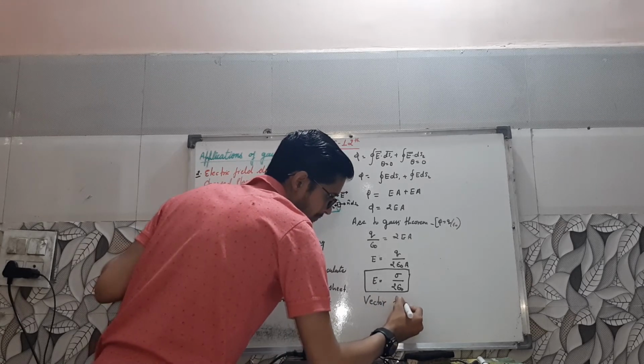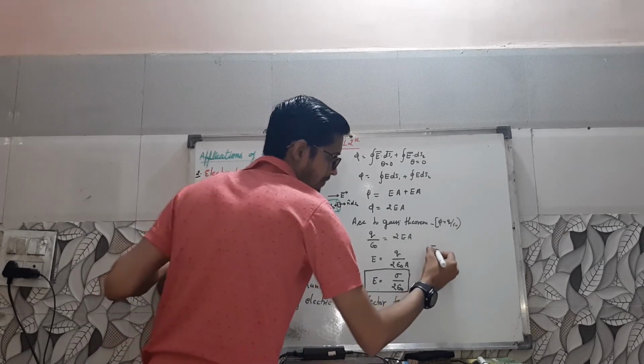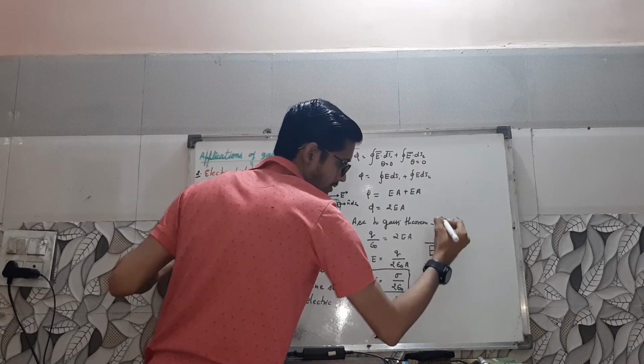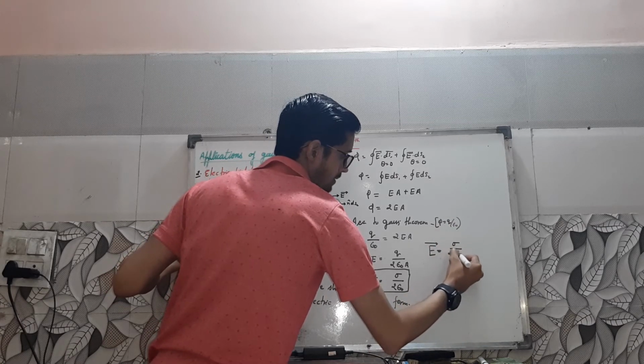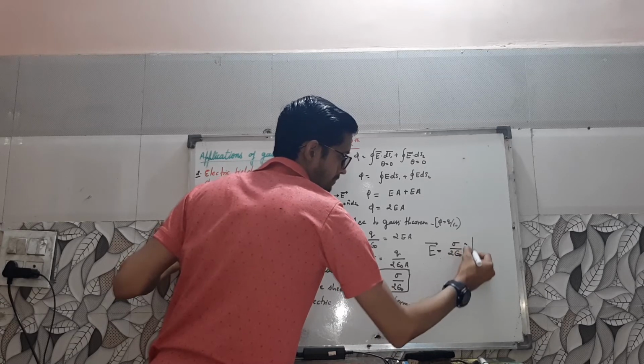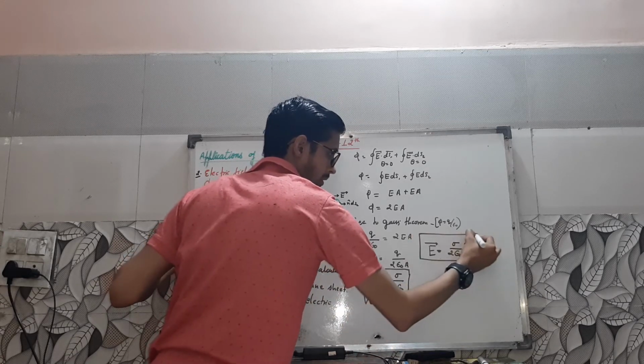In vector form, E will be equal to sigma upon 2 epsilon naught n cap.